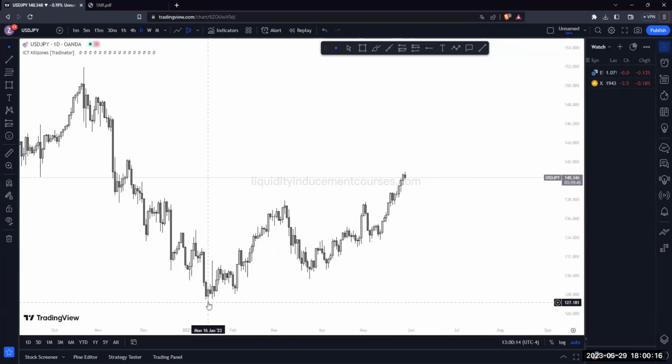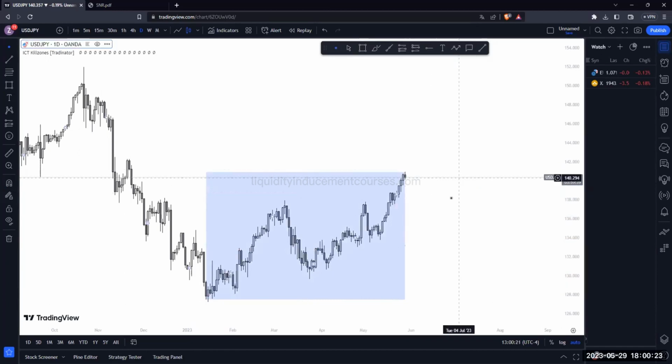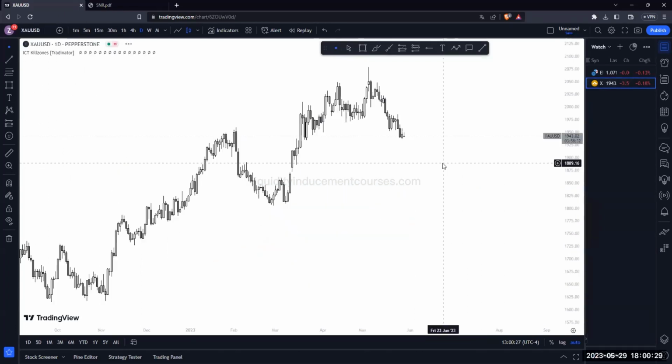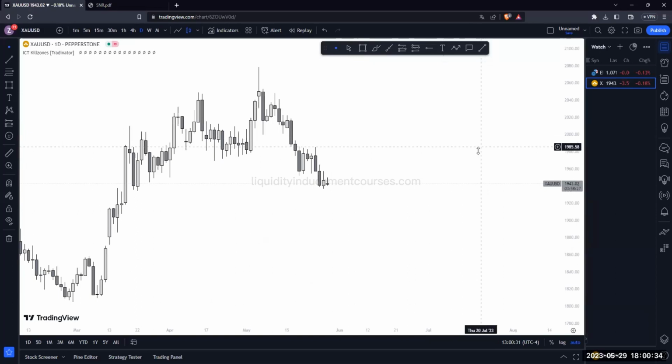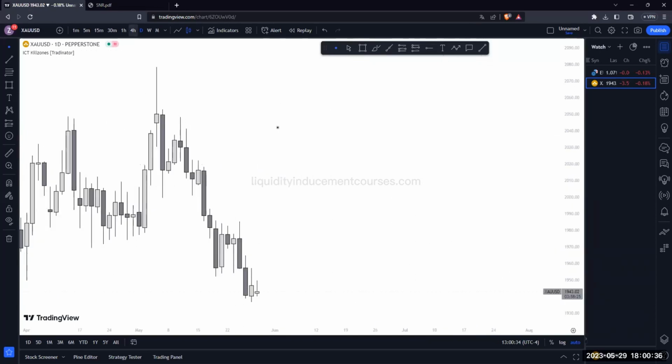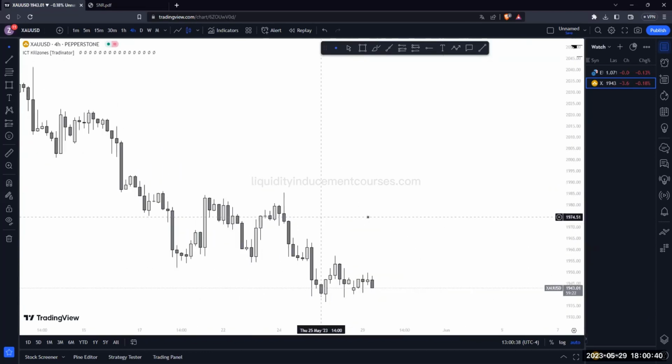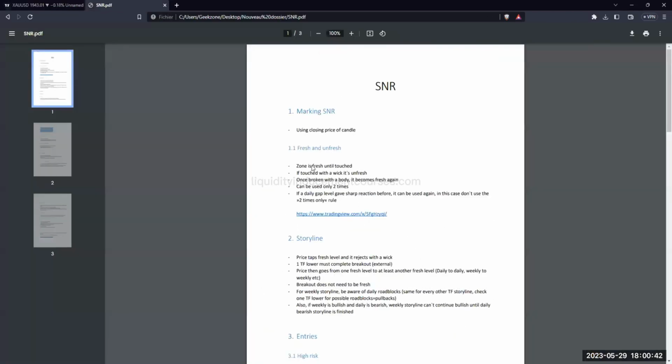I'm going to send it to you later, a screenshot. So from January 13th, 2023 till today, you give me all the fresh levels. I understand that you understood how to mark the levels very clearly. Because if you can do that with ease, you'll be able to trade the Malaysian SNR. So that's how to see if a level is fresh or unfresh.